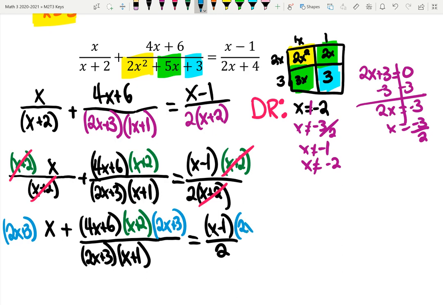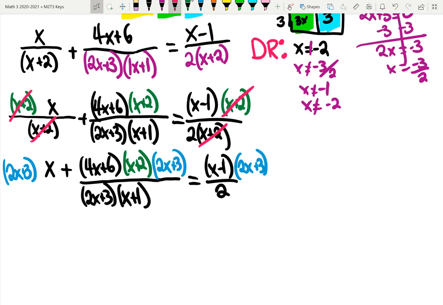Notice here in the second line, it is only going to cancel in the middle term. Now, I'm going to go ahead and begin just because I can easily distribute this x to both terms here. What is x times 2x? What is x times 3? Well, that's going to be 2x squared plus 3x.